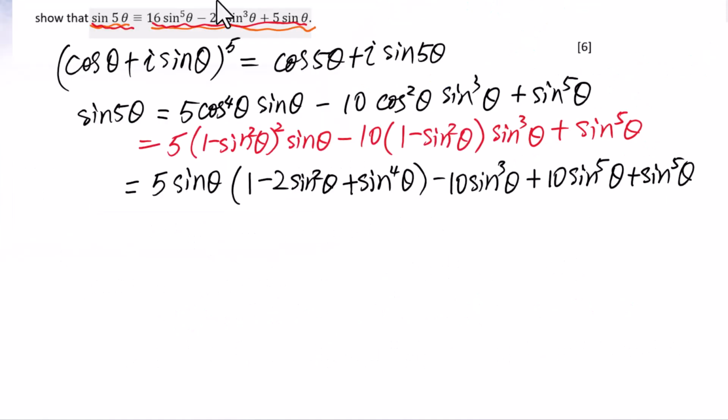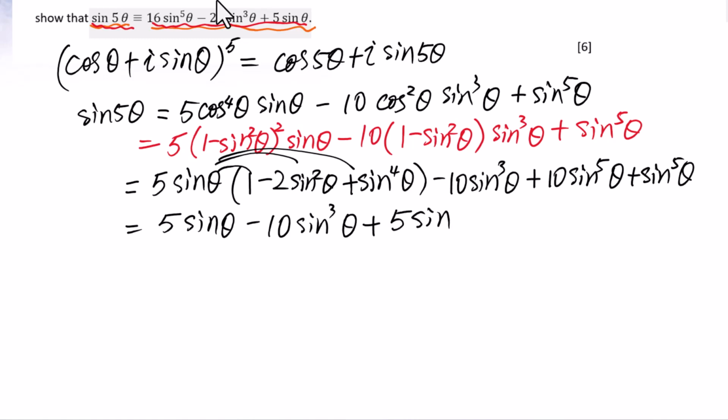We will do the distributive property. We got 5 sin θ minus 10 sin^3 θ plus 5 sin^5 θ minus 10 sin^3 θ plus 11 sin^5 θ.